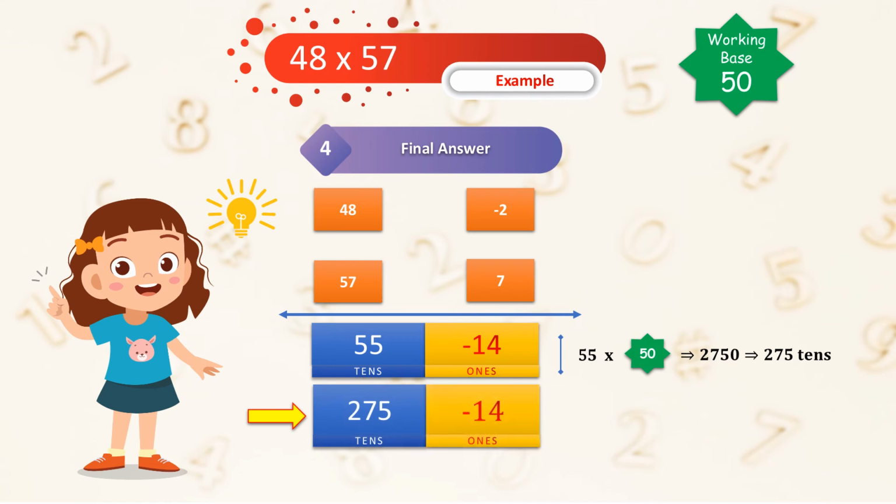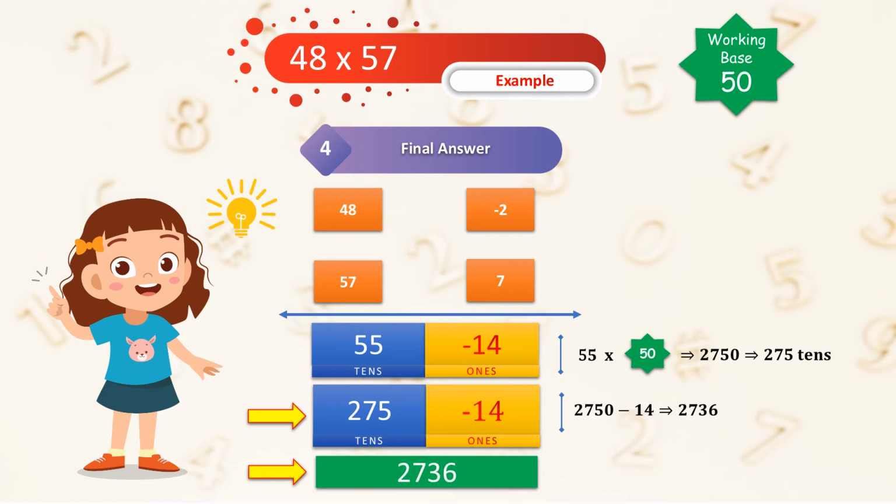Now when you want to combine them together, you subtract 14 from 2750. 2750 minus 14 gives you 2736. That's our final answer. The product of 48 and 57 is 2736.